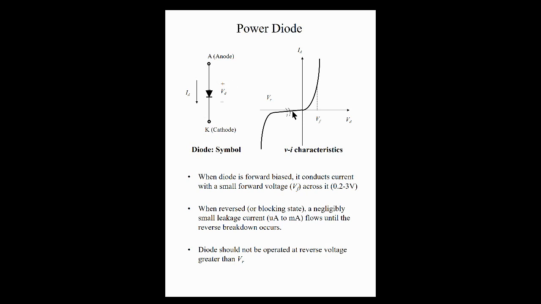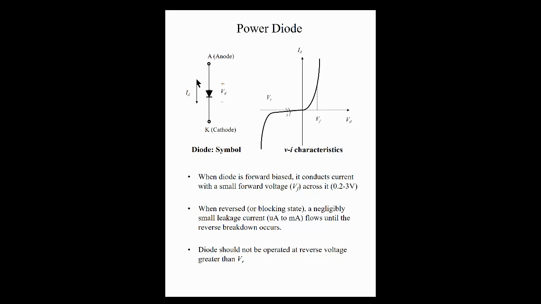If we look at the typical IV characteristics, we can see here that it starts conducting after it reaches a particular threshold voltage, typically 0.2 to about 3 volts. Then it goes into the conduction state, right?